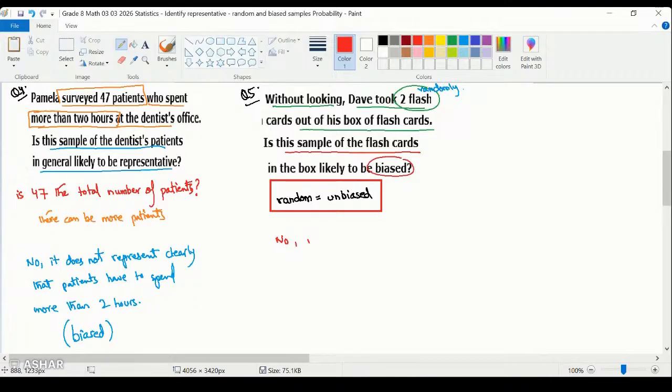No, the selection of two flashcards is unbiased, since he selected randomly. Agreed? So if he is selecting randomly, then it is unbiased.